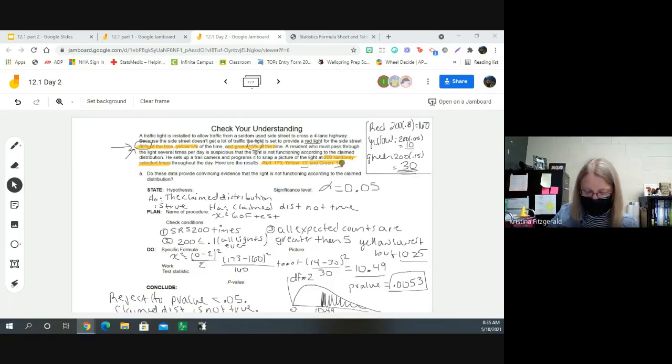Looking at what we got versus what's expected, I'm going to say for my follow-up, because I did toss out what people thought was true, that green contributed to this, because it had the greatest difference between what was expected and what we actually got.